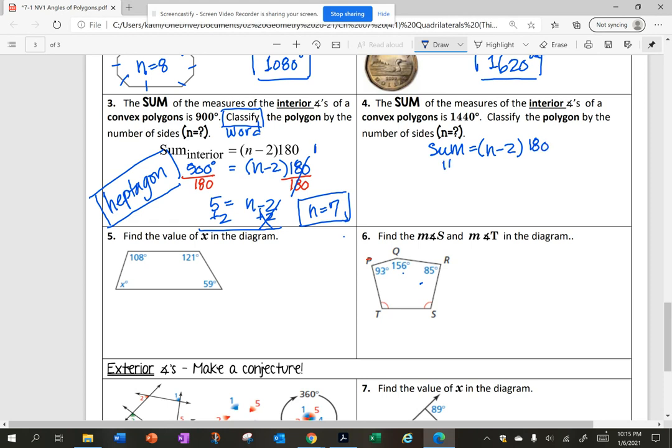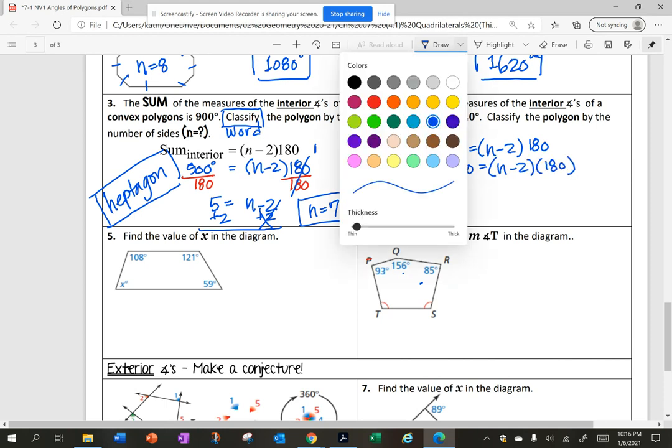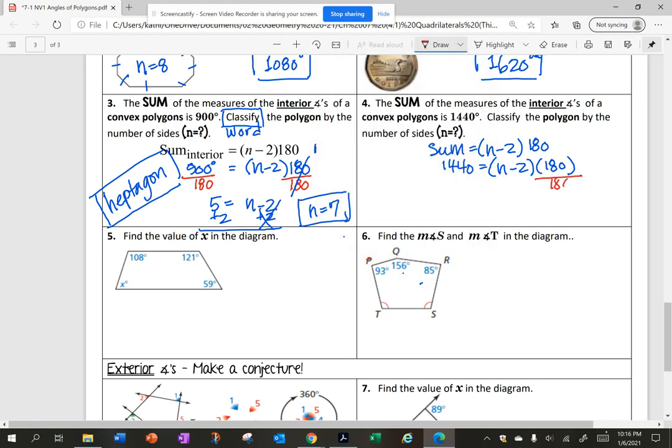My sum is 1,440 equals n minus 2 times 180. So I want to start by dividing by 180. 180 divided by 180 is 1.